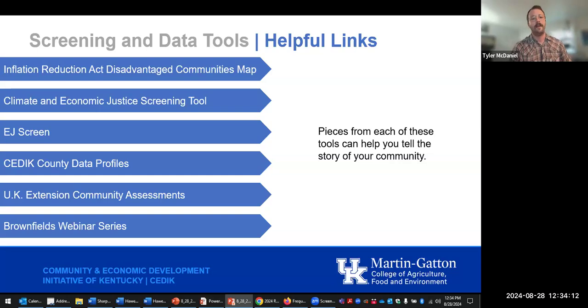EJ screen we just talked about, and these final three are some resources from us and our colleagues in Extension that can help you draw out a lot more data about your county and the needs and particular impact areas and some of that socioeconomic and demographic information.